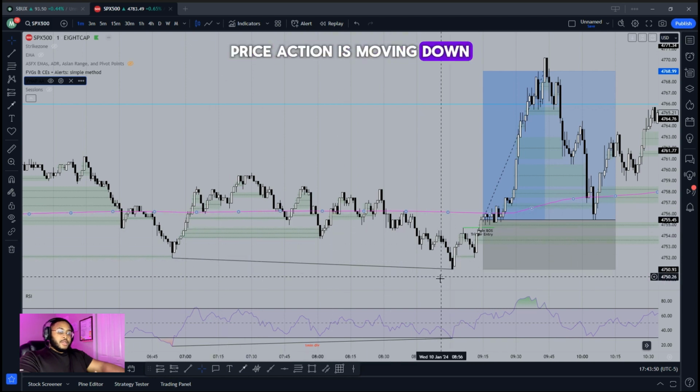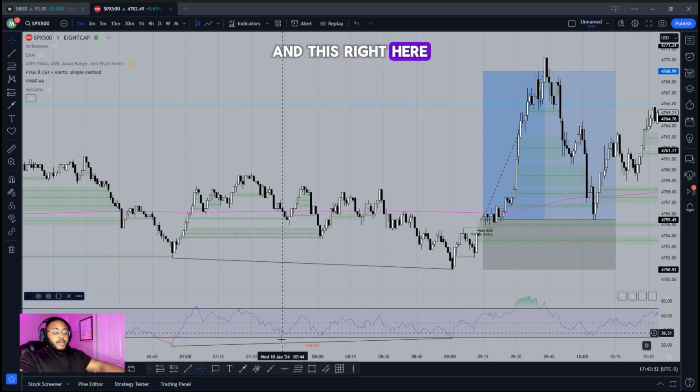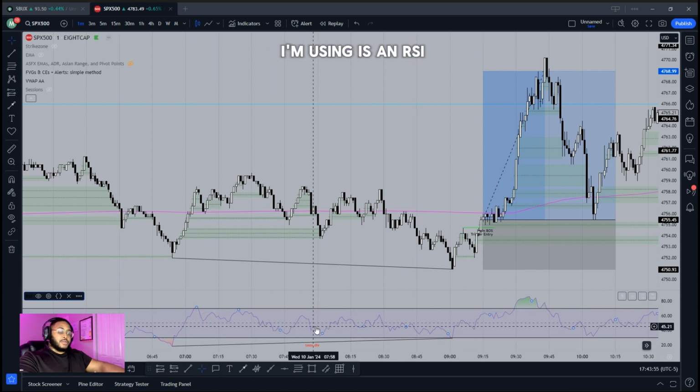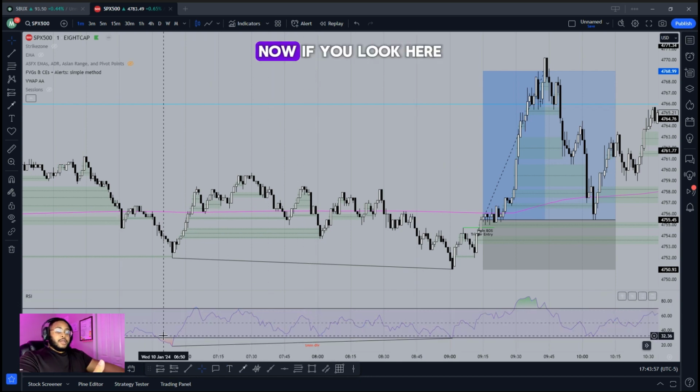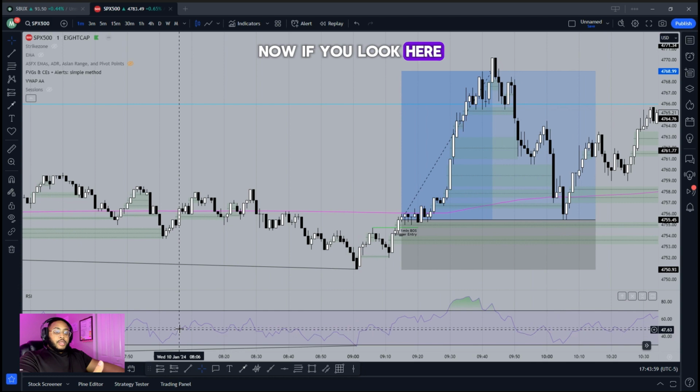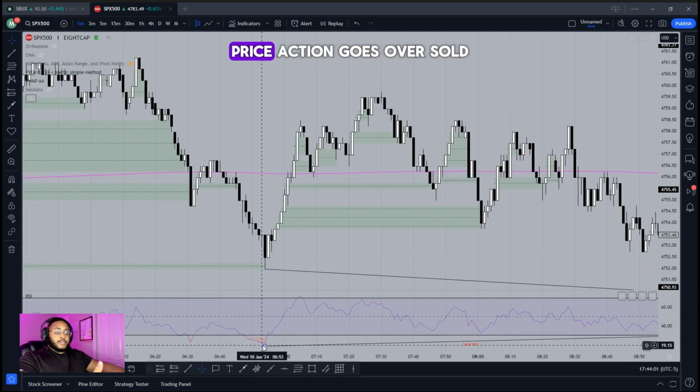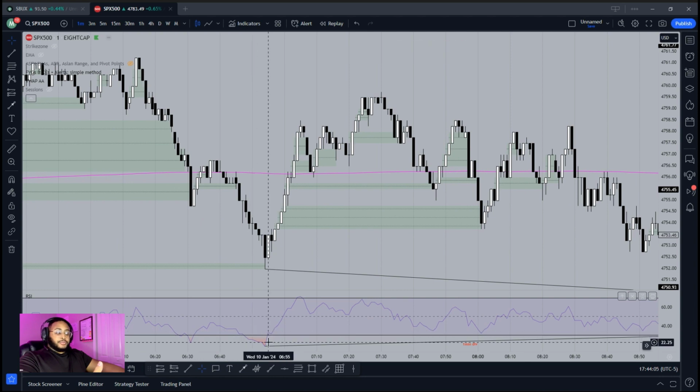Price action is moving down, and this indicator that I'm using is an RSI. Now, if you look here, let me zoom in a little bit more for you guys. Price action goes oversold, meaning that there were way too many sellers at that specific time.